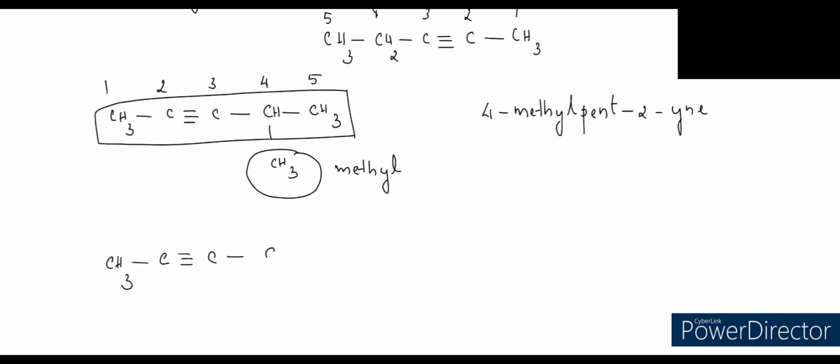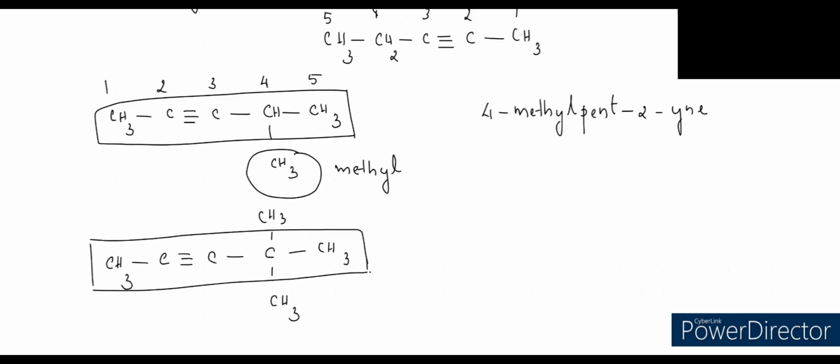Next example, suppose I'm taking this. I'm writing one more CH3. Once again, select the longest possible continuous chain. Number the carbons in such a way that the triple bond gets the least possible number. So 1, 2, 3, 4, and 5. On the fourth position, I have a methyl group. I have another methyl group.